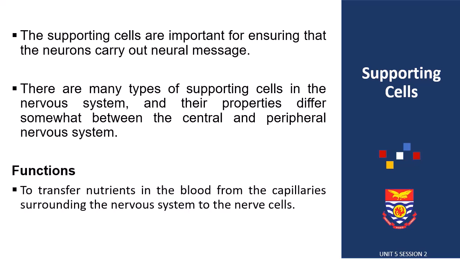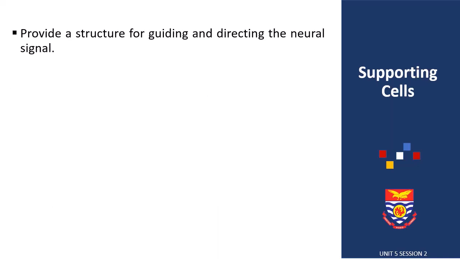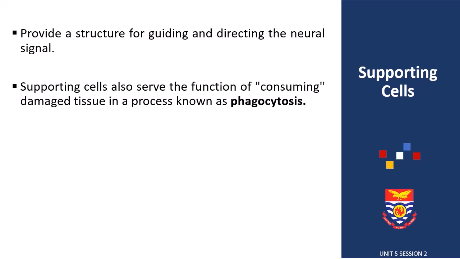The main function of the supporting cells is to transfer nutrients in the blood from the capillaries that surround the nervous system to the nerve cells. They also provide a structure which guides and directs the neural signal. Another function of supporting cells is consuming damaged tissue in a process known as phagocytosis.